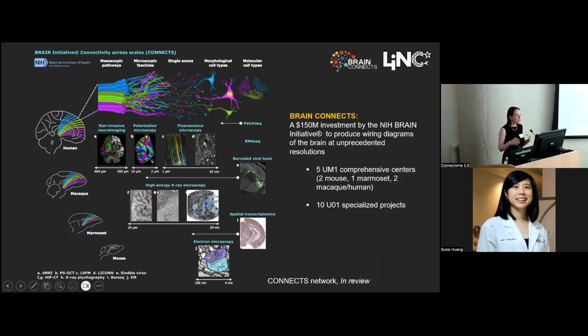This was an opportunity to take those postmortem imaging techniques that can give us the anatomical ground truth and scale them up so that we can do them not just in small chunks of brain, but in large volumes of the brain and even in the whole brain at some point.